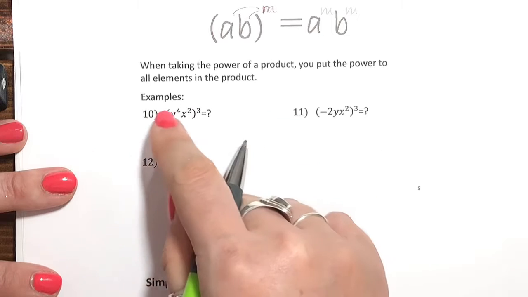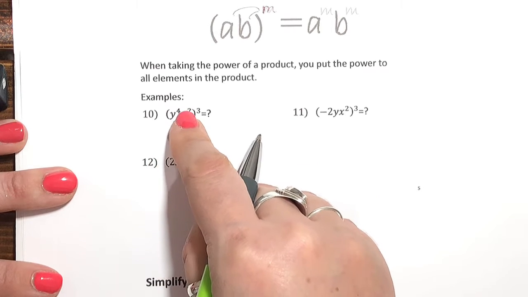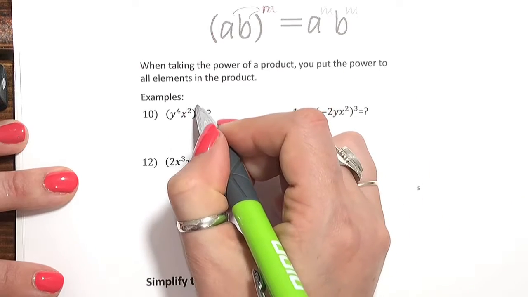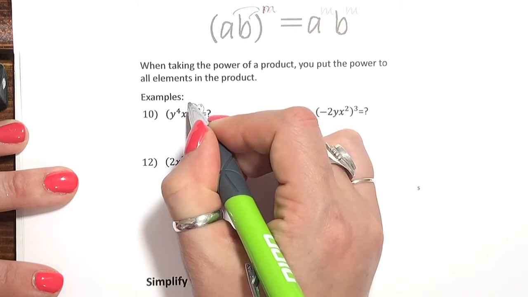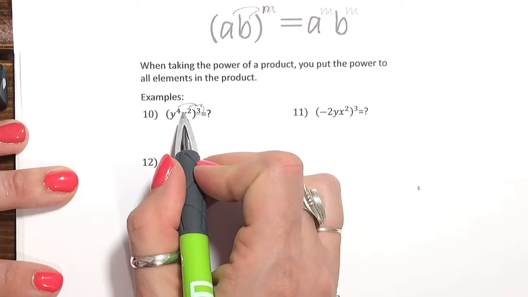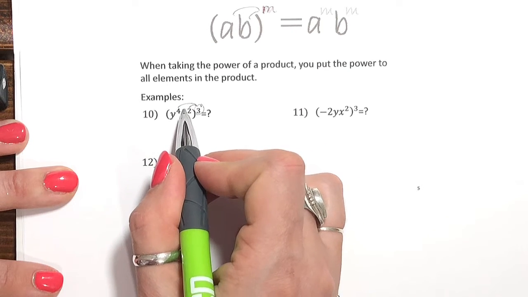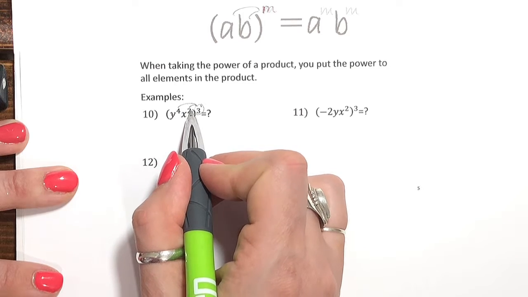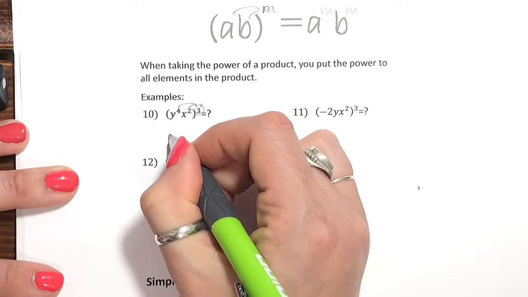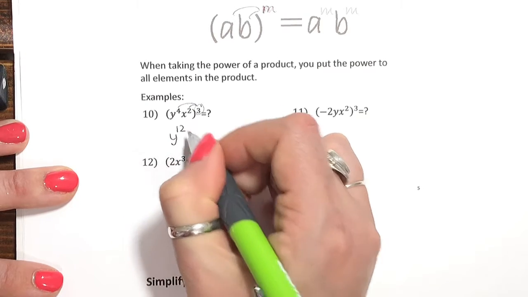So for example, we have y to the power of 4 times x squared, and then everything's being cubed. So we need to distribute this 3 into both the y and the x. But since both of these variables already have exponents on them, we have to do our power of a power rule. So this is like doing 4 times 3. So we get y to the 12th power.